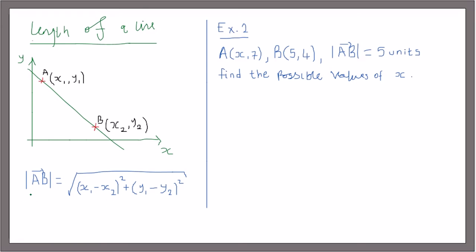The length is got by getting a square root of, you get the difference of the x's and you square it, then plus the difference of the y's and you square it. Take note of this square here.